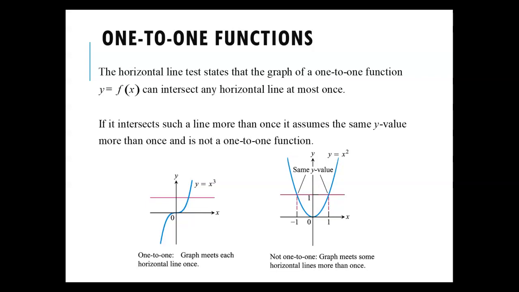That is why we've restricted their domain to match their inverse. Because an inverse takes the range of the original and it becomes its domain, and the domain of the original becomes the range. All of the points flip each other.